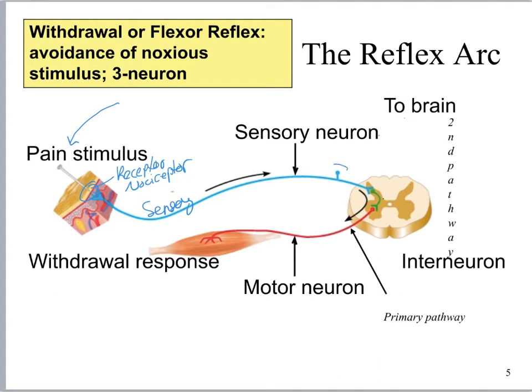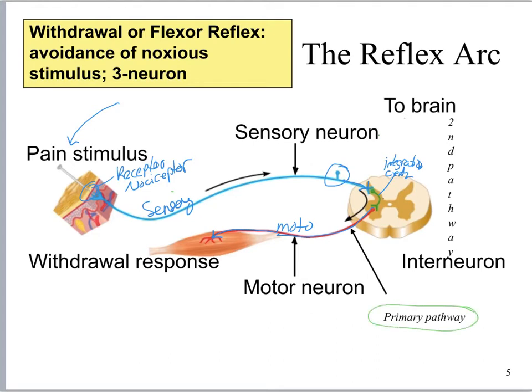All right, the signal comes in here. Here's the ganglion and the dorsal root. It's going to go into the posterior horn. It's going to synapse with the interneuron, which is the integration center. And then it's going to synapse here with my motor neuron. And it's going to go to this muscle, causing it to contract and let you off of the tack or whatever.